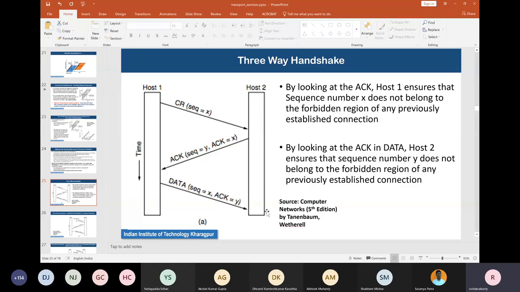So this is a bidirectional connection, just like a telephone connection. A TCP connection is a bidirectional connection. In a telephone connection, both parties can talk. So host 2 can also send some data back to host 1. My question was that in the data segment that host 2 sends back to host 1, what should be its sequence field value and what should be its acknowledgement field value? Can you answer?